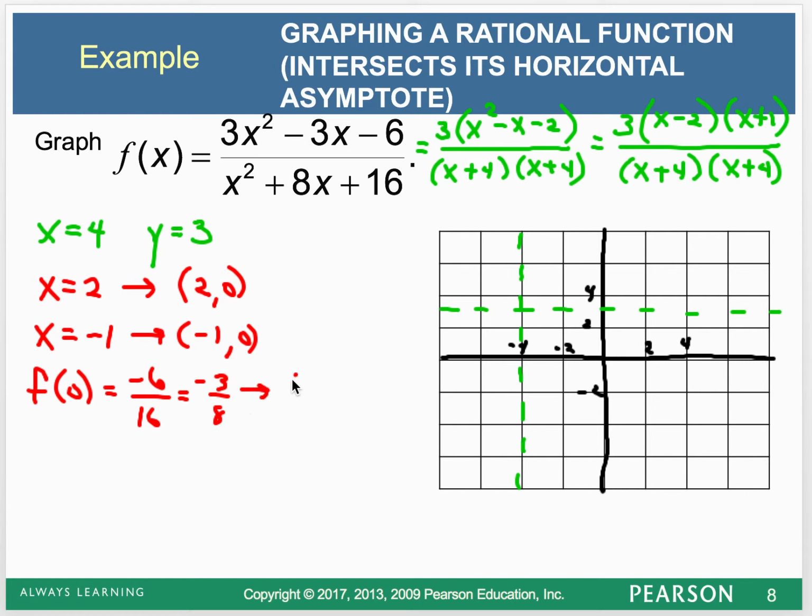So this is the point 0, negative 3/8. All right, let's plot them. 2, 0, negative 1, 0. See what's happening here. And 0, negative 3/8.